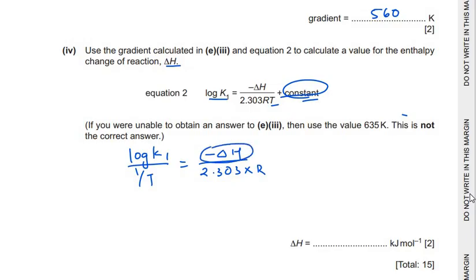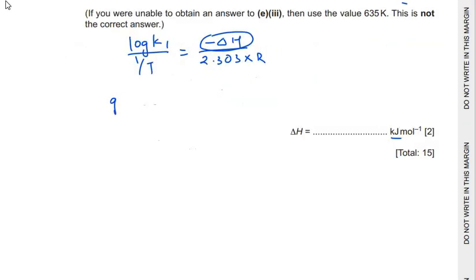Now if we want to calculate the value of delta H, we can write gradient into 2.303 into R is equal to minus delta H. So we'll transfer this negative sign to the other side later on.